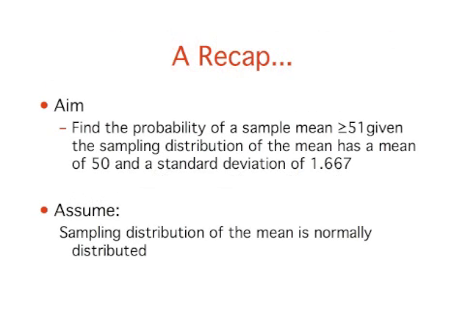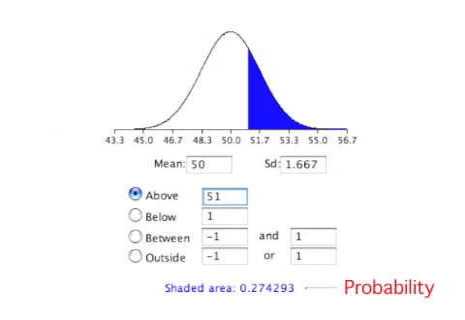To recap, we want to know the probability of obtaining a sample mean of 51 or more when the sampling distribution of the mean has a mean of 50 and a standard deviation of 1.667. To do this, we need to assume that the sampling distribution of the mean is normally distributed. We can use the normal distribution calculator to find the probability.